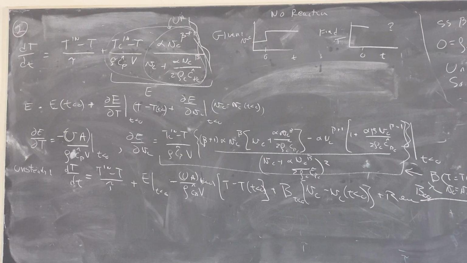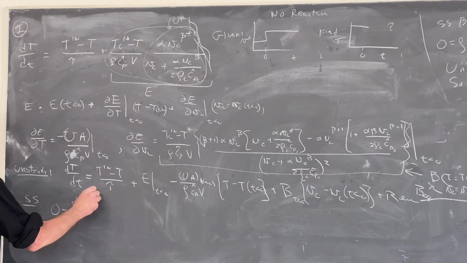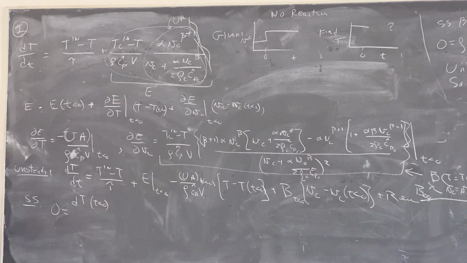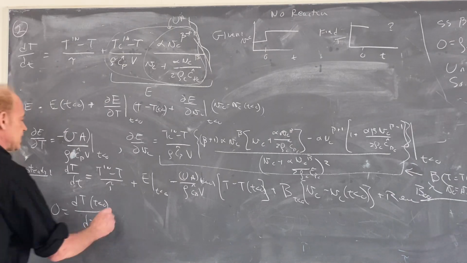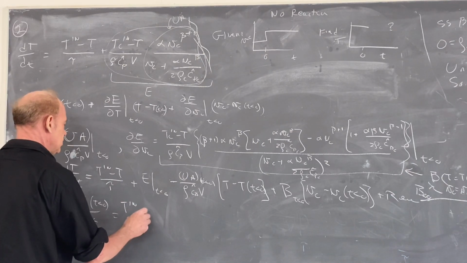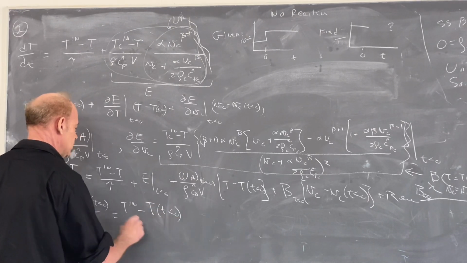Okay, so now let's take the steady state version. I have 0 for dT/dt for t less than 0, because I'm assuming that at t less than 0, T was at steady state. That's a given. And that's equal to (T_in minus T for t less than 0) over tau.